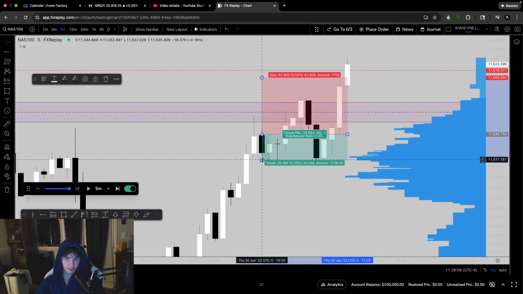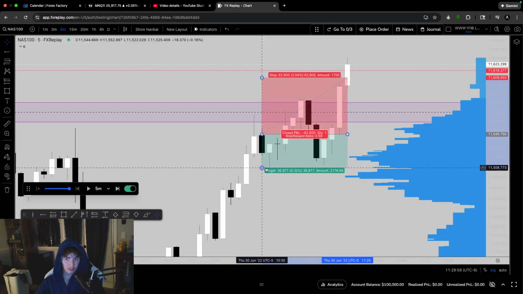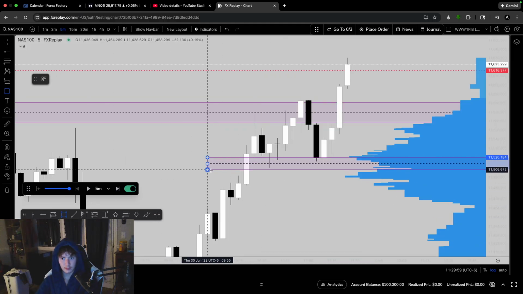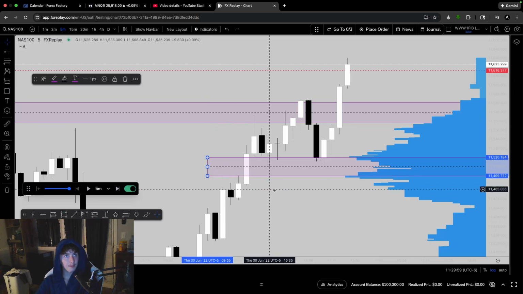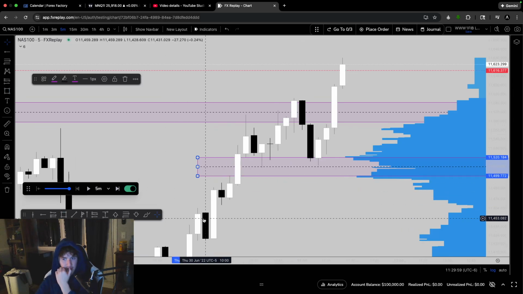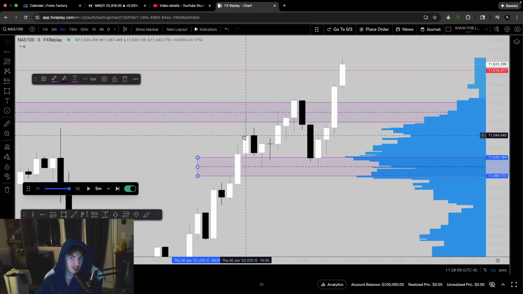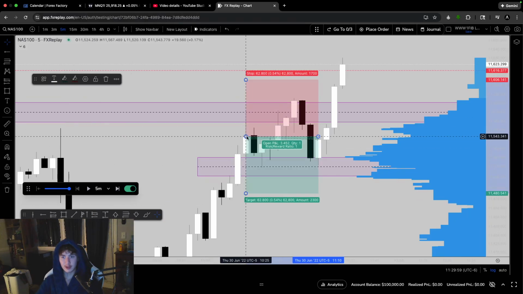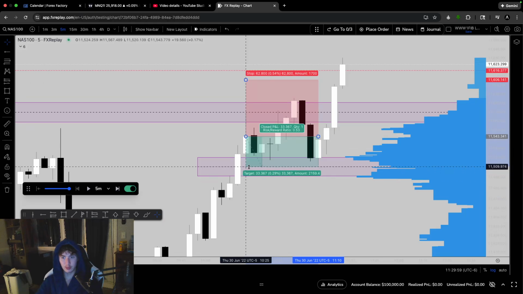Hold on. Did this tap the equilibrium with this 5 minute gap? Yeah. So I think you should target that. Once you see this rejection happening, I think you could just take a trade right there. Target the equilibrium. 30, that's 33.